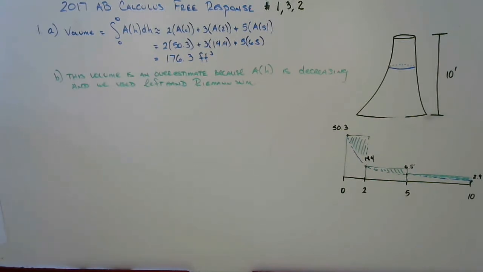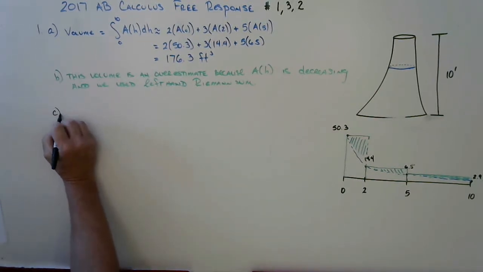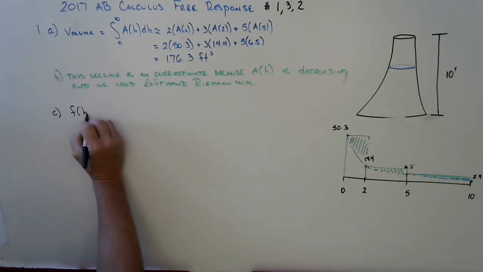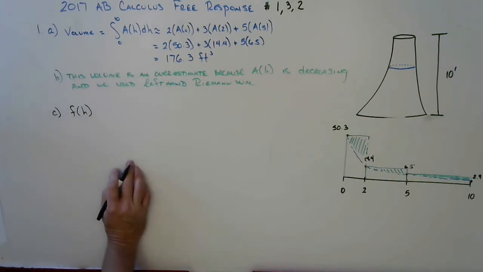Part C says the area in square feet of the horizontal cross section at height h is given by a function. So now they're going to give us a function for the area, the cross-sectional area at height h.